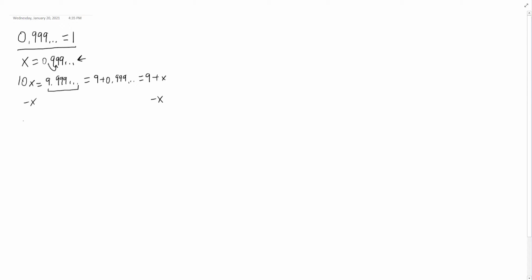Well, I get 10x minus x, 9x equals 9, which tells me that x equals 1. And because I haven't introduced anything to it, then this must indicate that x is 1.